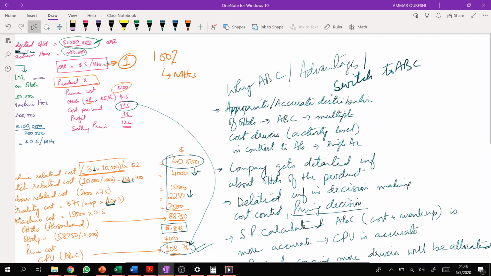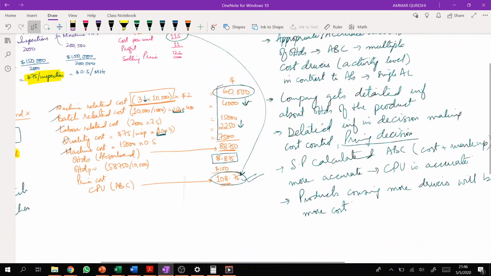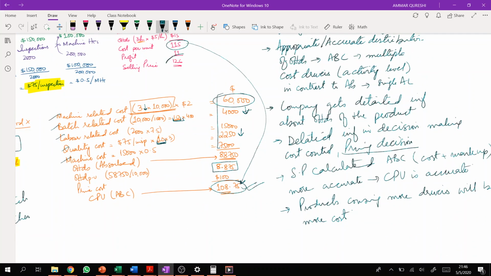The next question that comes into our mind is, okay, fine. Suppose the company is charging a 10% markup on cost, and this product will have a cost of 108.75.